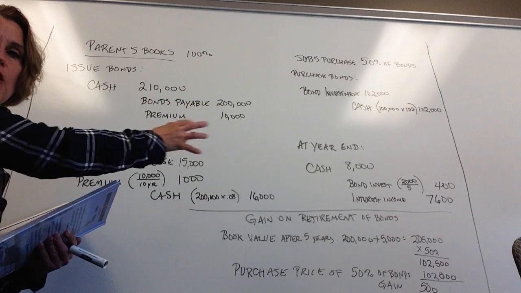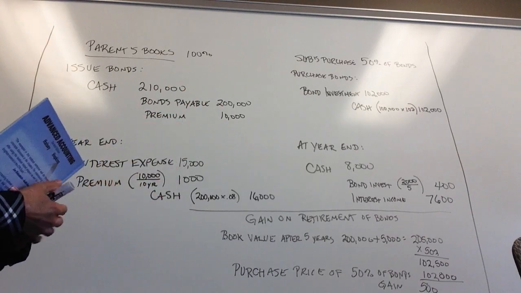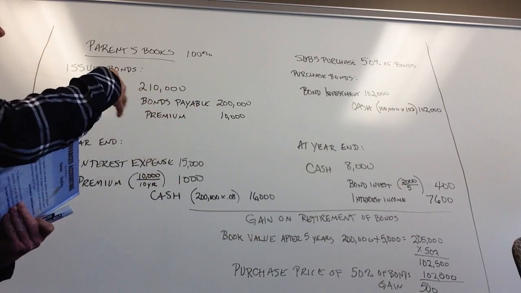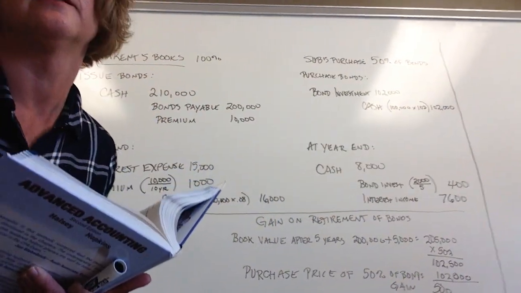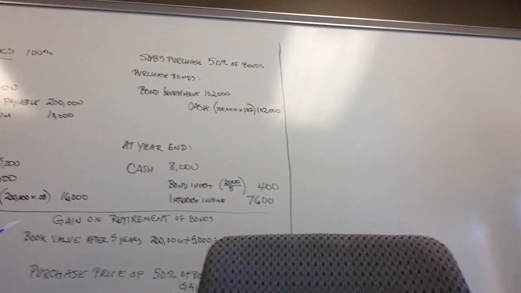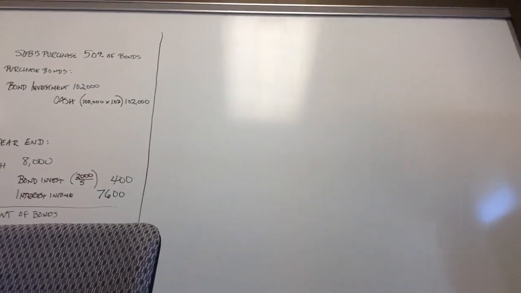again, though, this is helpful to have this mapped out because when we go to do our journal entries, we're going to deal with some of these entries, these amounts. So I'm going to go over and move my camera over here.